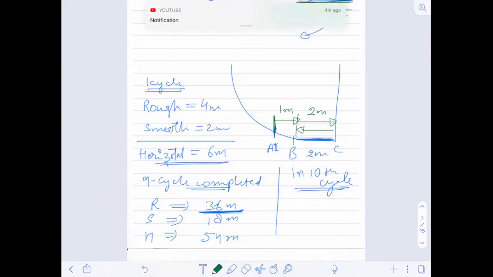Just see here. How much extra is it traveling on smooth surface? 1 meter. Okay. So this becomes 19. How much extra is it moving on rough surface? 2 meters here, 2 meters here, 4 meters extra. So this becomes 40. Okay.